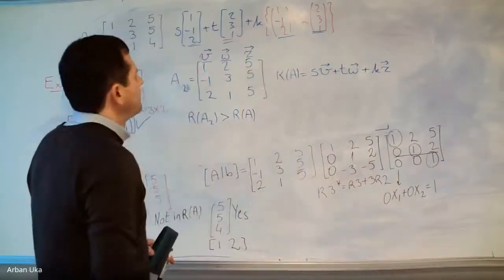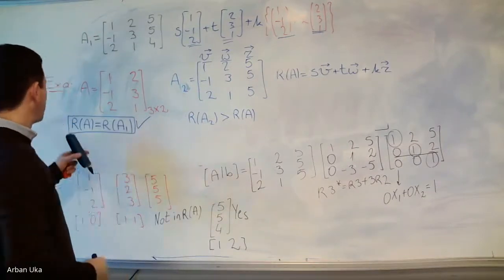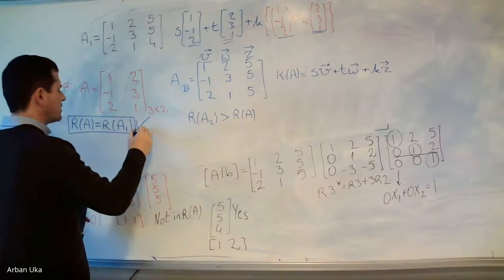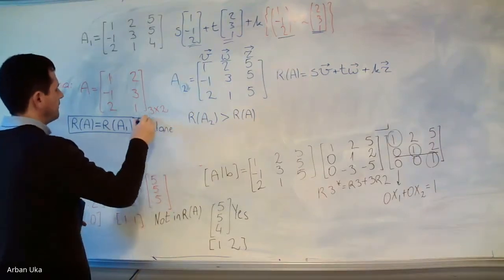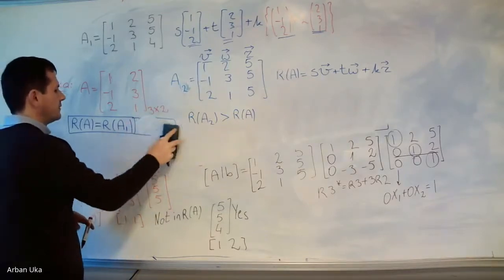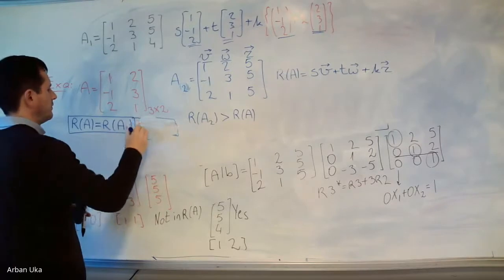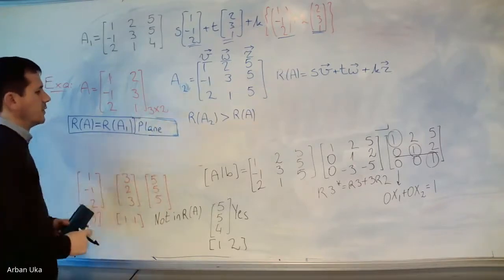And actually, a while ago, you said that the range of A and the range of A1 is what? It's a plane, right? So this is a plane. Would you agree?